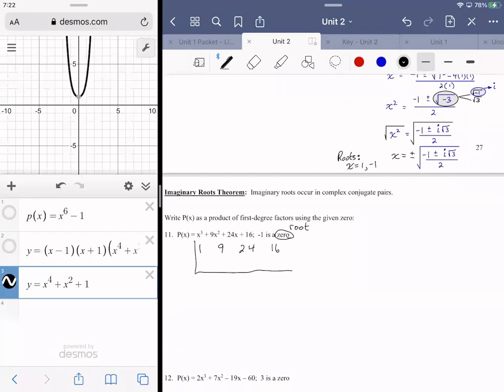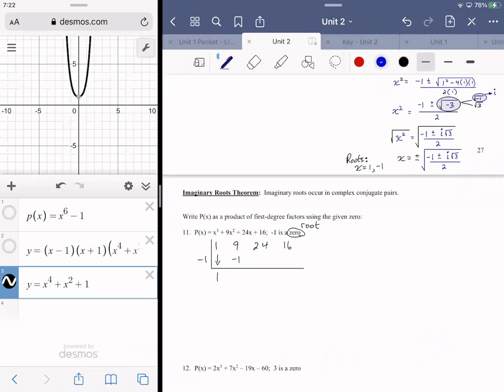So I would put that -1 on the outside, carry through the synthetic division: 1, -1, 1 times -1 is -1. 9 plus -1 is 8. 8 times -1 is -8. 24 plus -8 is 16. 16 times -1 gives me a -16. But when I add that to the 16 that's already there, I get a 0.